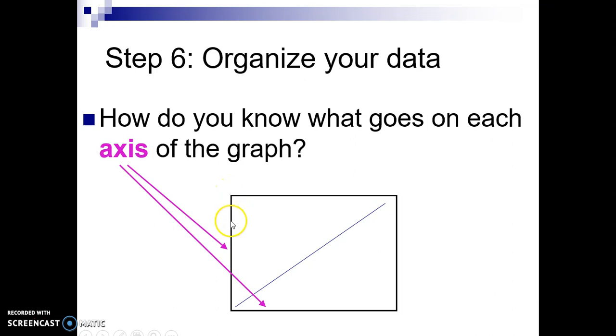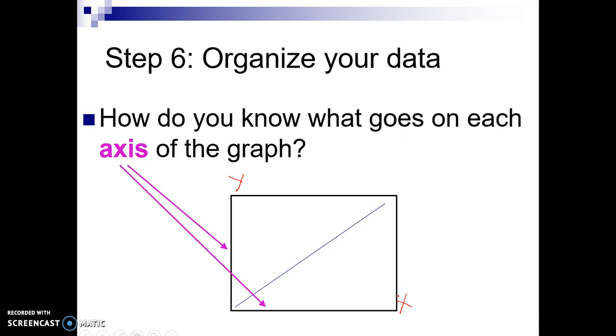So this one is vertical, which is the y-axis, and this horizontal one is the x-axis. Just for your reference, I can write down, this one is y and this one is x. So always remember the vertical one is the y-axis and the horizontal one is the x-axis.